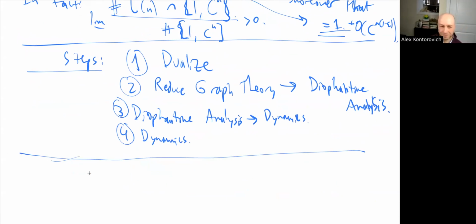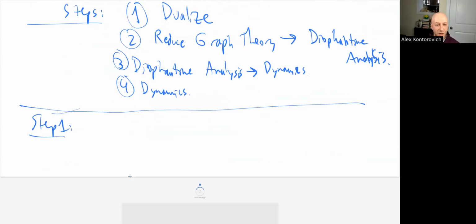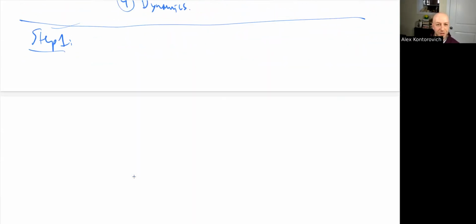Okay, so let me get to that exactly right now. So let's do step 1. So what do I mean by dualize? It's almost like taking a transpose. If we think of n, let's say n going this way, so n is 3, 4, 5, 6, and so on. This is the number of vertices going this way. And we think of the numbers t of n going this way. So there's 1, 2 will never occur, 3, 4, 5, 6, and so on.